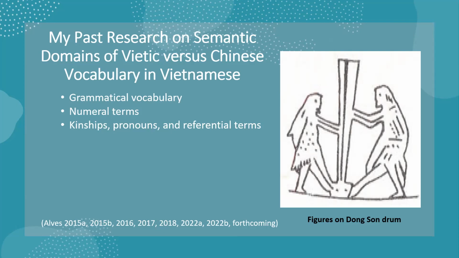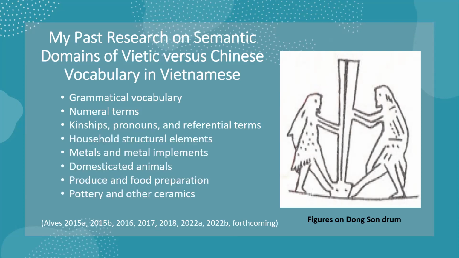None of that particularly requires extra linguistic, material culture, but I've also looked at these aspects of material culture: household structural elements, metals and metal implements, domesticated animals, produce and food preparation, pottery and other ceramics, and clothing, fabrics, and colors. I've looked at these before.